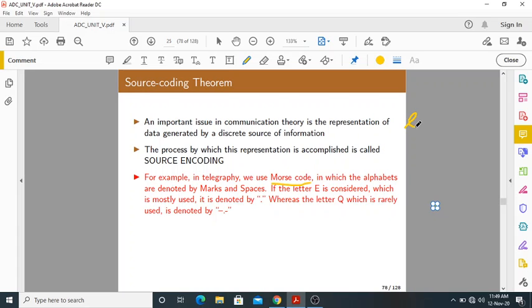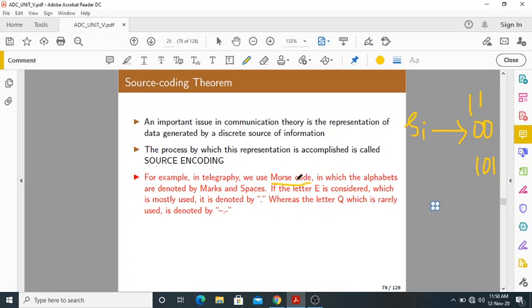Let me take a source giving a symbol SI. Now for that we need to generate some other form. Maybe for SI we generate 0 0, or you may generate 1 1, or 1 0 1. So for each and every symbol we generate a corresponding binary sequence. That is accomplished by source encoding.